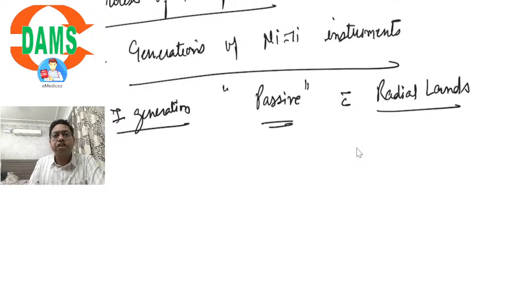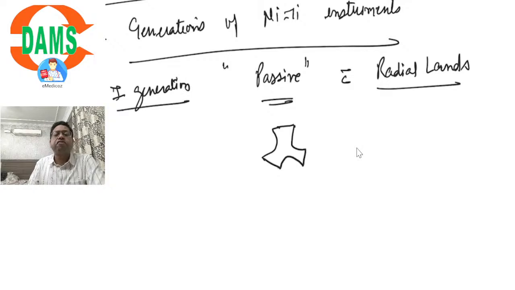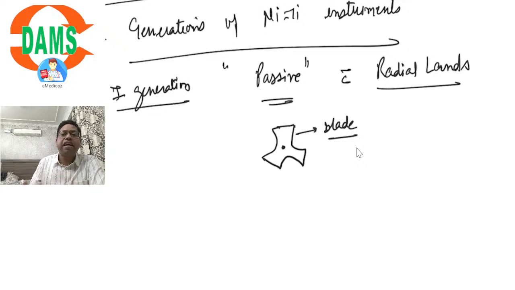If I make a cross section of a first generation nickel titanium file, it would be something like this. This is the cross section of a first generation instrument. This is the axis or the center of the instrument. This is the blade of the instrument. And you can see the blade is not sharp, but it has a flat end.